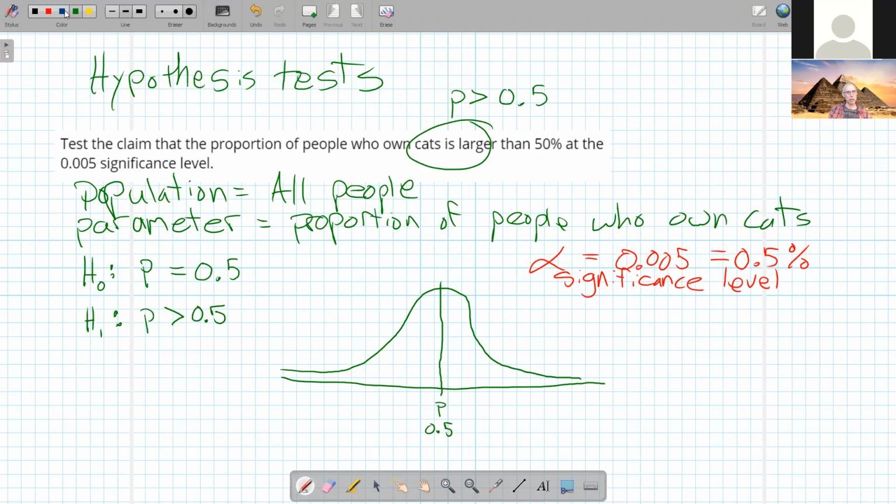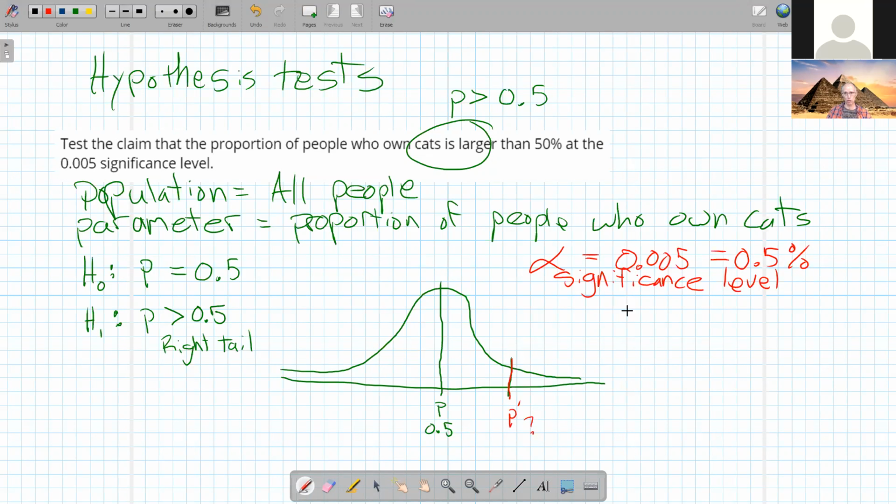The greater than means I'm doing a right tail test, because I have reason to suspect the sample might come to the right of that. So I'm expecting my sample data to be somewhere out here. I'm expecting the sample proportion, called p prime or p hat, to be out here somewhere.